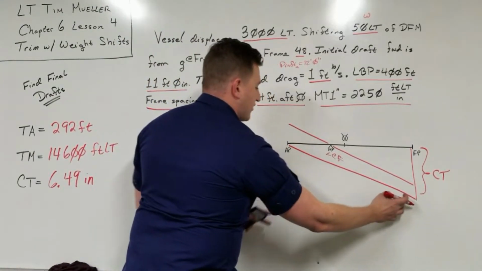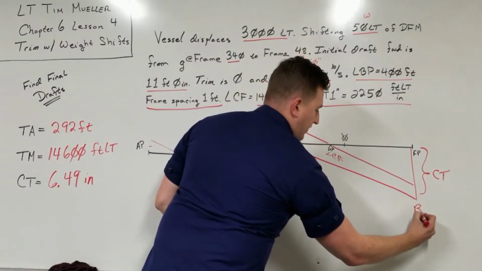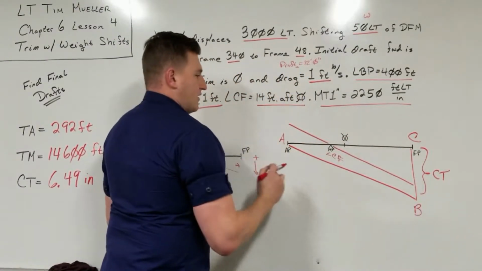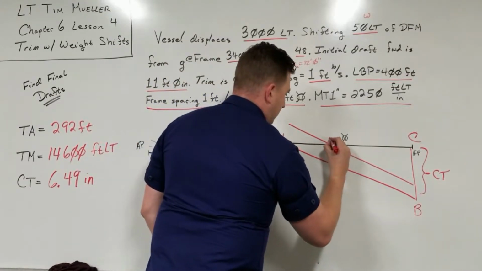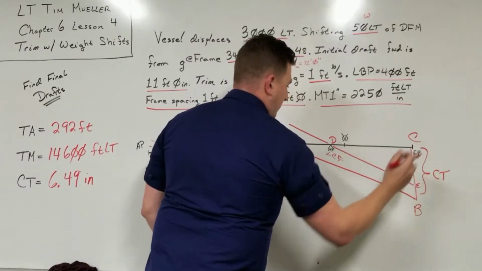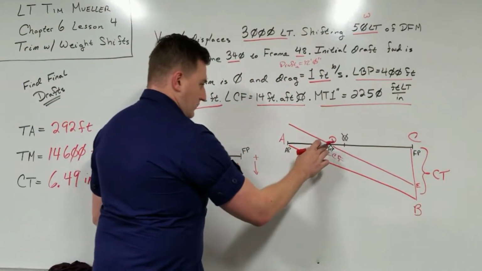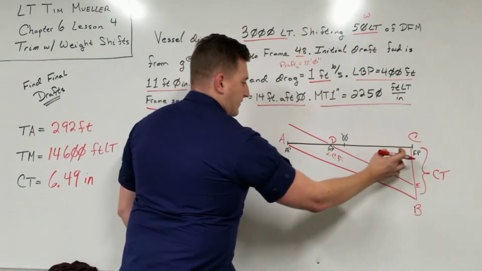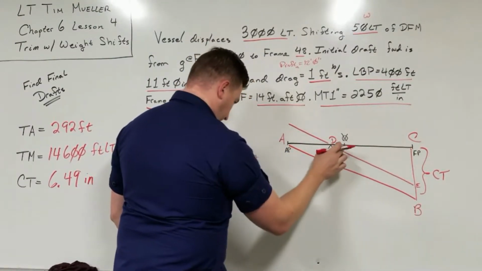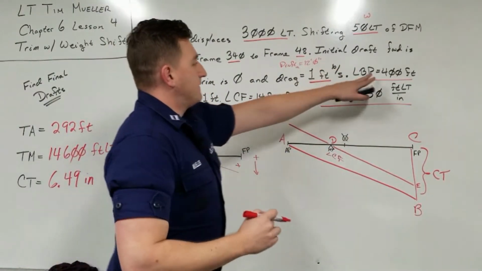You see this big triangle here from point A, B, C? You also see the smaller triangle, D, E, C. Now remember our ratios. This length here, CD, is the distance from the forward perpendicular, so 0, to the middle perpendicular, which is LBP divided by 2.